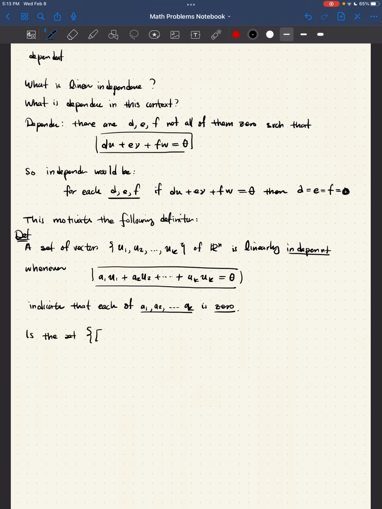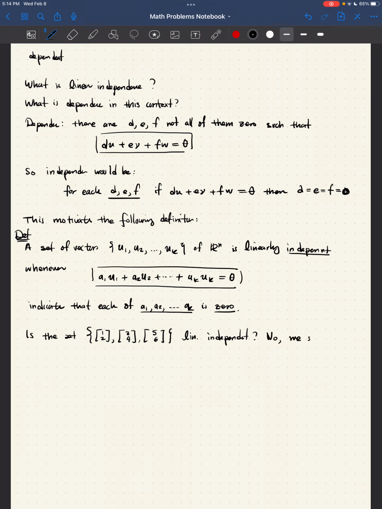So, to summarize this and to put it in context, is the set given by 1, 2, 3, 4, 5, 6 linearly independent? Well, the answer is no. Of course not.